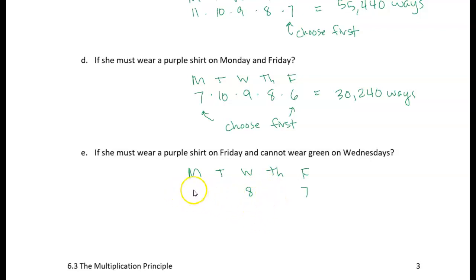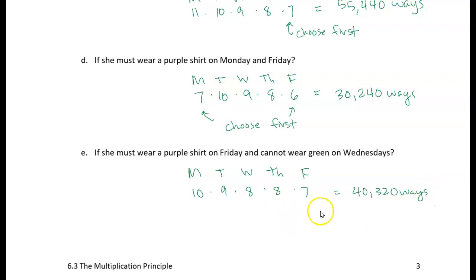So now let's go back and say, well, for Monday, she's already chosen 2 shirts to wear for Wednesday and Friday, so she has 10 choices left for Monday, and then she'll have 9 choices for Tuesday, and then she'll have 8 choices for Thursday. All right, so that comes out to be 40,320 ways that she could choose her shirts for the week.